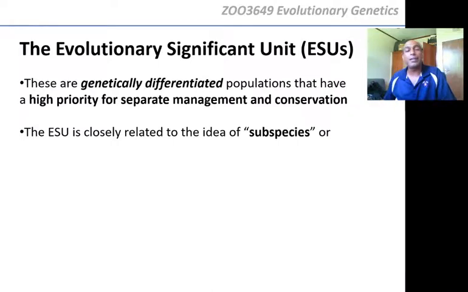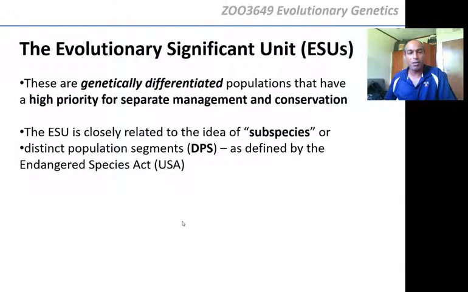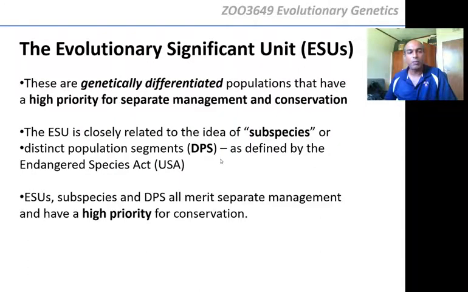The ESU is closely related to the idea of subspecies, or the DPS, as the United States Endangered Species Act defines a DPS in almost exactly the same way as an evolutionary significant unit. But whatever you want to call them, ESUs, subspecies, DPS, they all merit separate management and have a high priority.